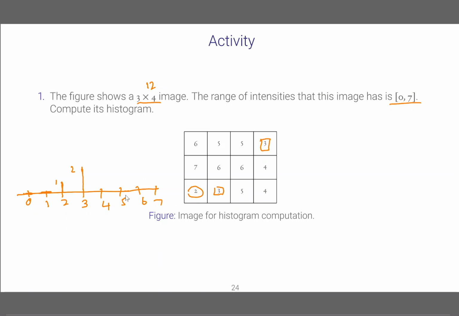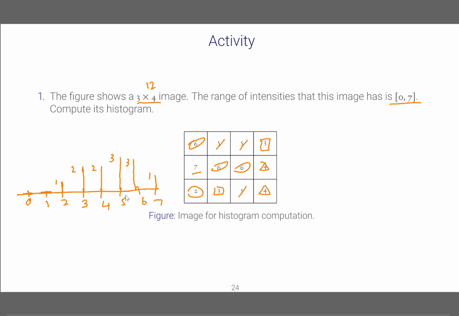Then with intensity 4 we have 2 pixels again, so 2 here. With intensity 5 we have 3 pixels. Then with intensity 6 we have 3 pixels, and with intensity 7 we have just 1 pixel.